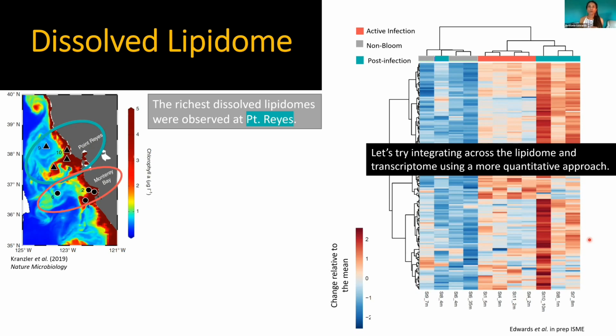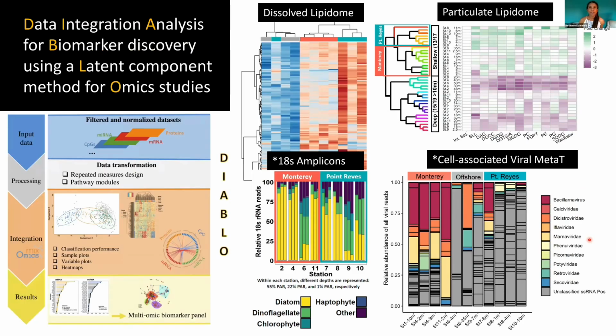This is all very nice descriptive analysis of the data, but can we integrate across the lipidomes and also incorporate the transcriptomes that were collected along that cruise track in a more quantitative way? So we did this using this package called DIABLO, which stands for Data Integration Analysis for Biomarker discovery using a Latent cOmponent method for Omics studies. What an acronym, but it's a really great way of integrating across omics.